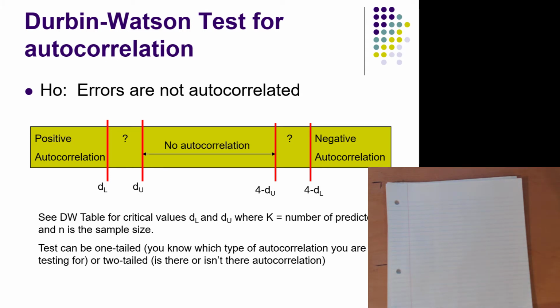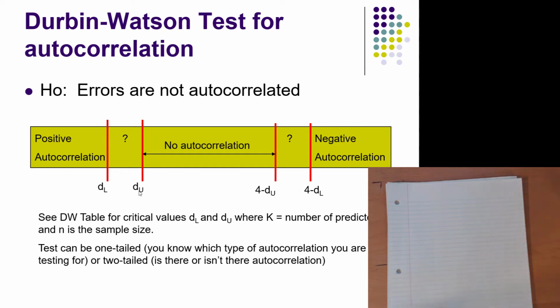This typically becomes an issue in cases where we have small sample sizes. The range between DL and DU is wider for small sample sizes than it is for big sample sizes. As the sample sizes get really, really big, that little question mark or uncertain zone gets smaller and smaller.